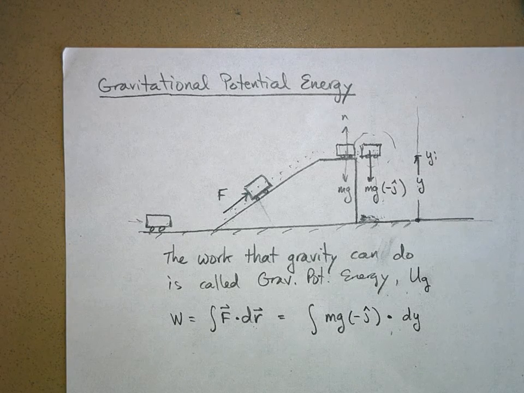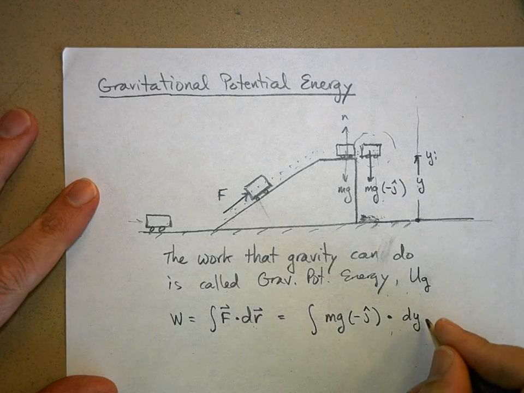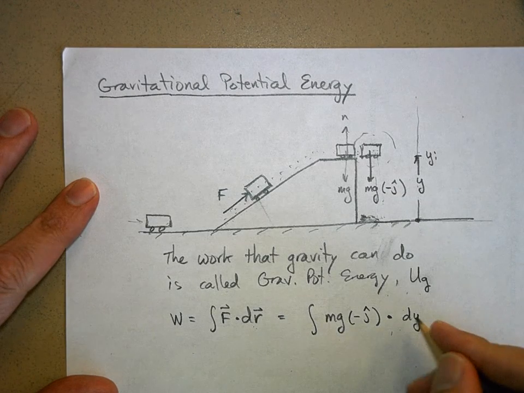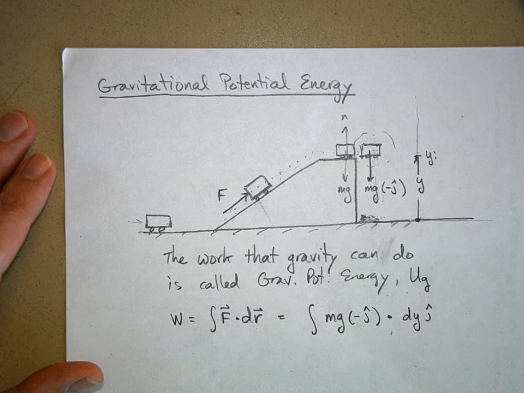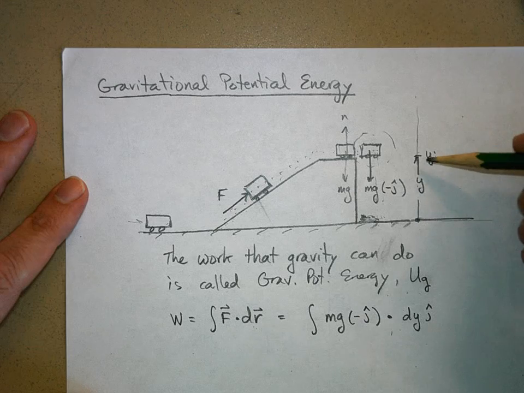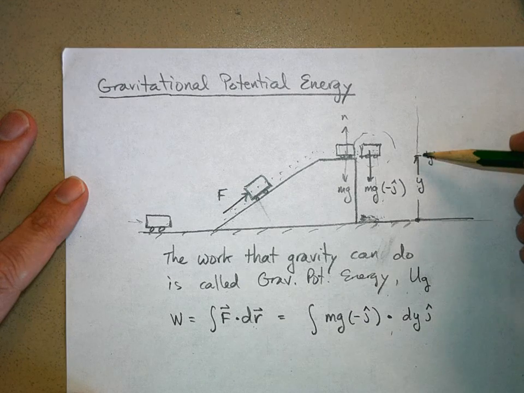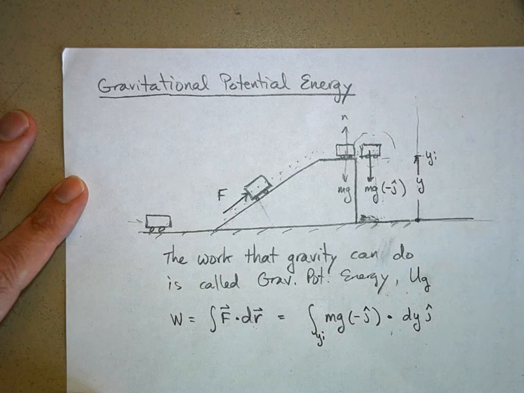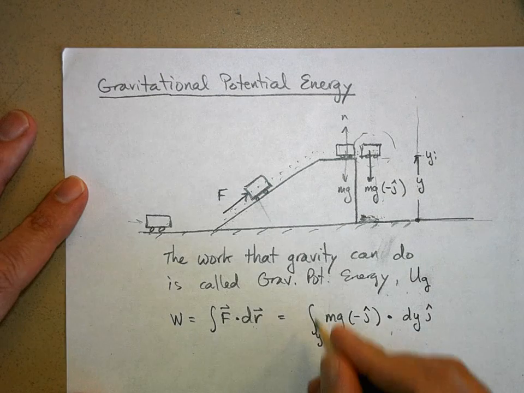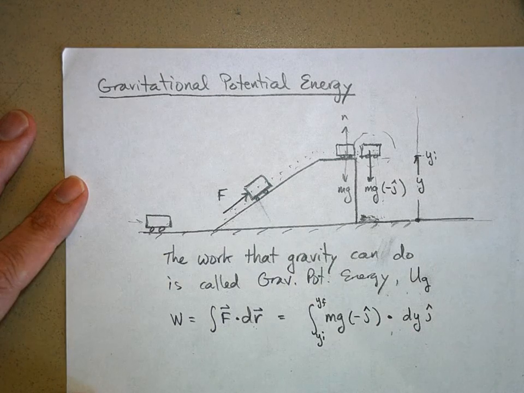Actually, the dy's are going to be in the negative j hat direction, but the negative will come later. Watch this. I'm just going to say dy. We'll just say that is in the j direction. But what is my initial y here? We're going to go from y initial to y final.